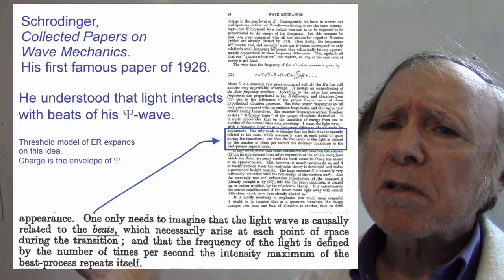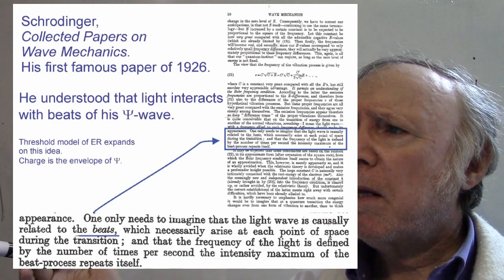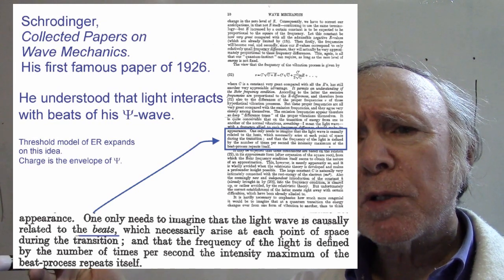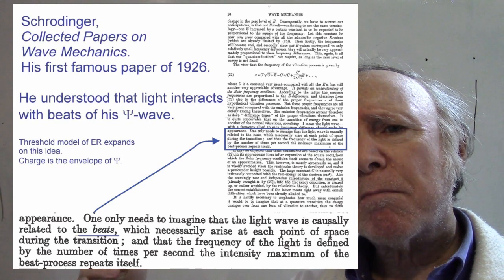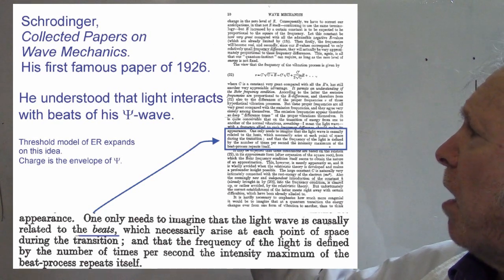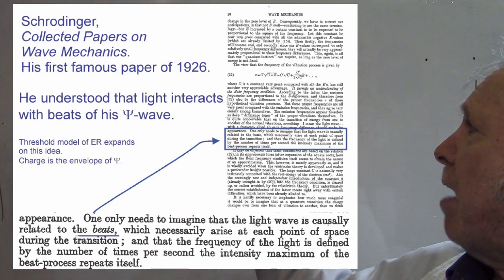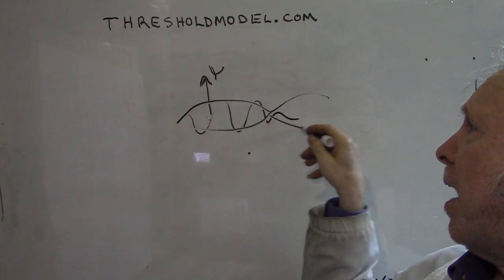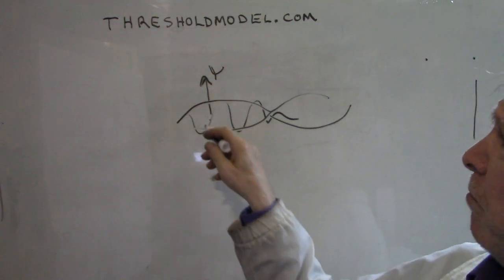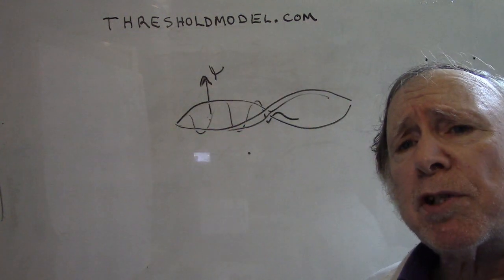But what's really interesting about Schrodinger is that in his first famous paper, he wrote what he thought was going on, which was that charge was about beats of his wave function. That there's his wave function, but that there's an envelope of it that beats. And in his discussion, he understands that the envelope of psi is the identity of charge.